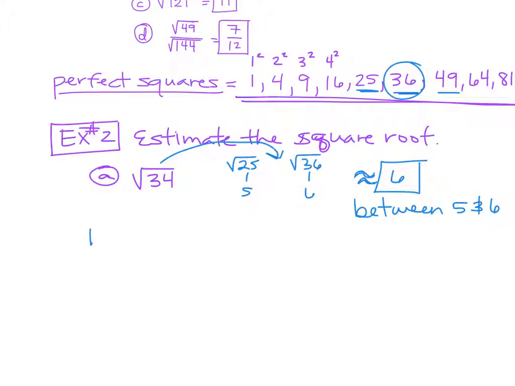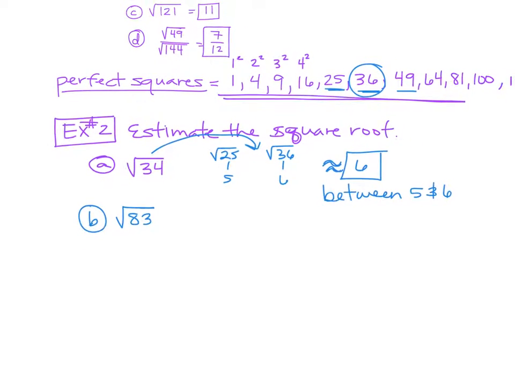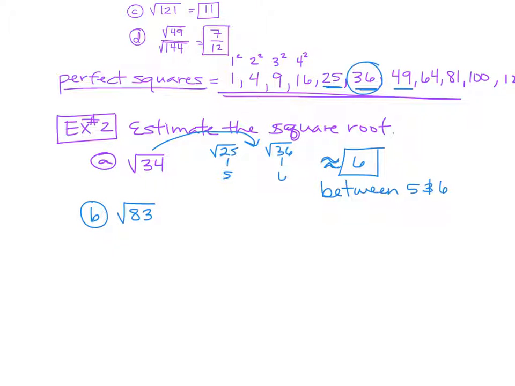Okay, what about this one then? If I give you the square root of 83. Okay, if you look at your list of perfect squares, which two are we between? The 81 and the 100. So the square root of 81 is what? 9.